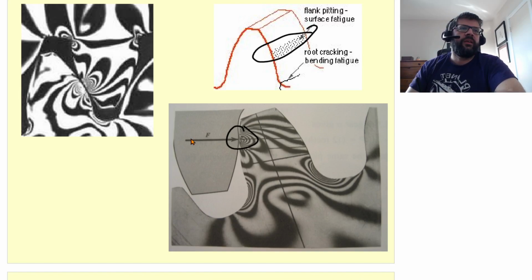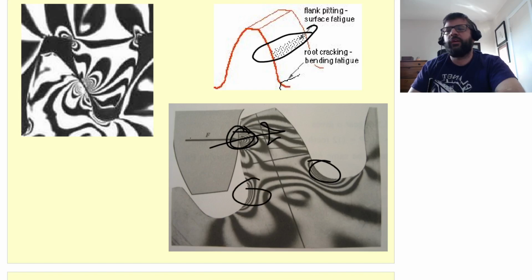And then with that compressive stress pushing this way, we're also going to be causing a bending moment. That bending moment is going to cause more compressive stress over here, and over here we're going to cause tensile stress.